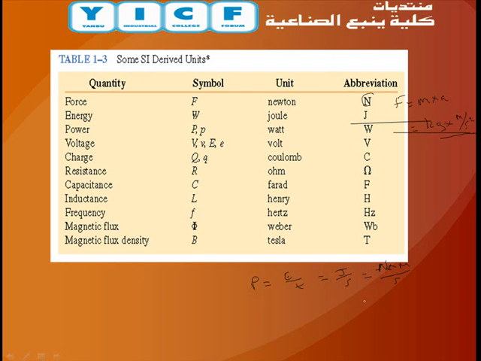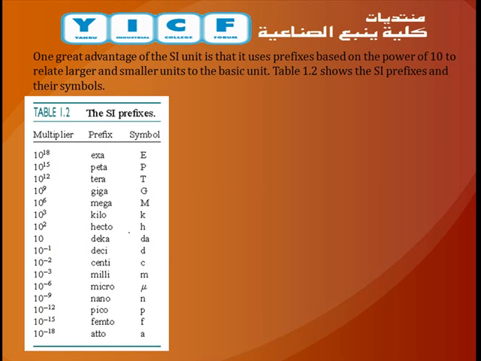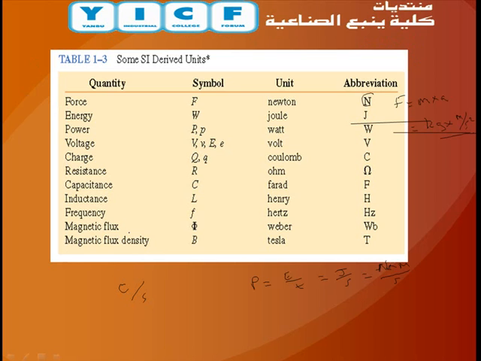Thus it is derived also from the basic quantities. Also we have the frequency. Frequency is cycles per second. It is derived from the basic quantities studied before. Now we will be familiar with these quantities when we go in depth in the subject.